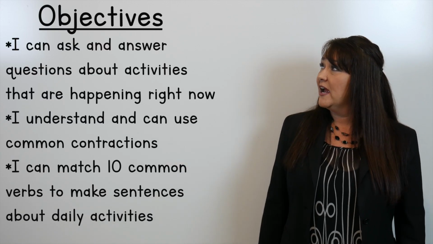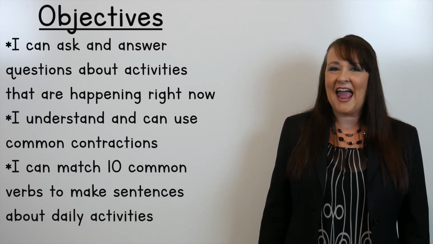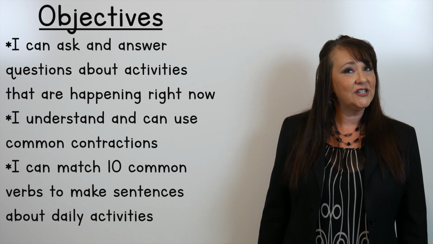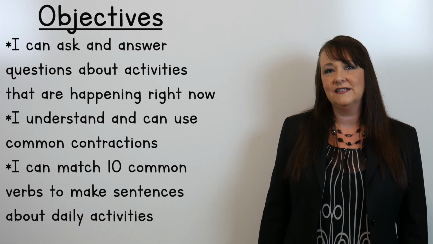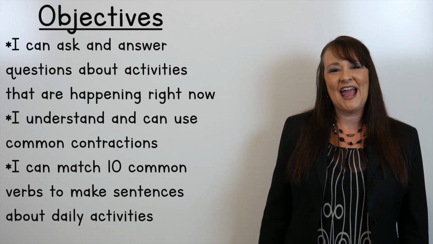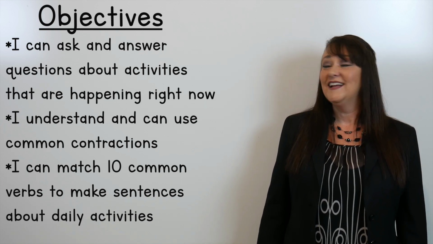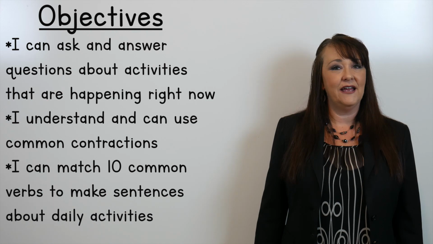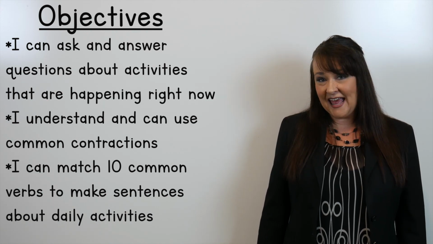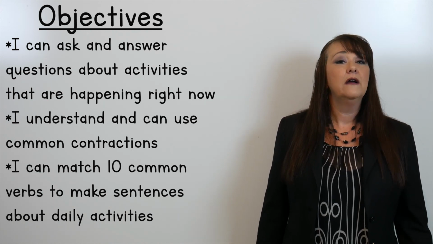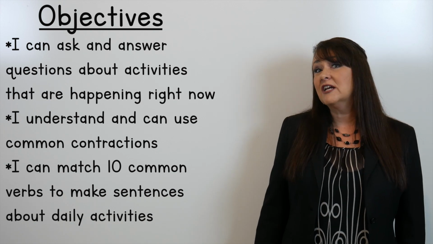Let's go ahead and look at today's objectives. The first objective says, I can ask and answer questions about activities happening right now. We had some practice with that. The next objective says, I understand and can use common contractions.